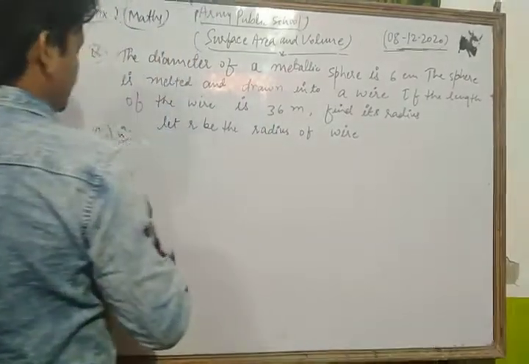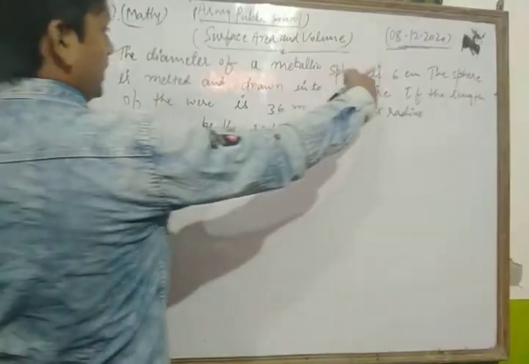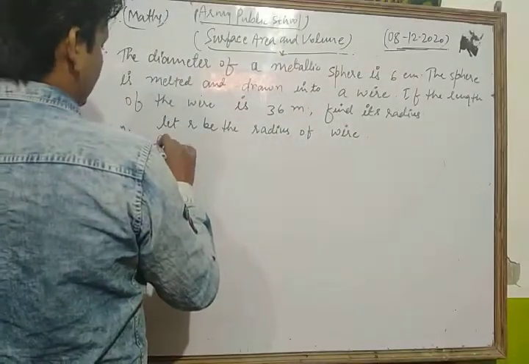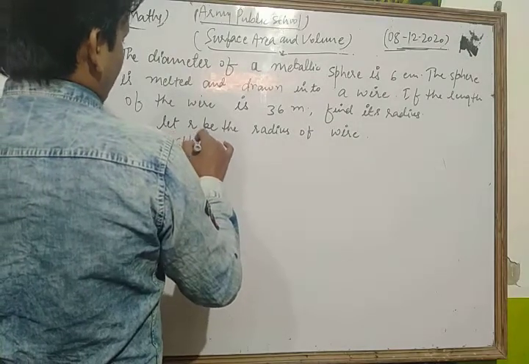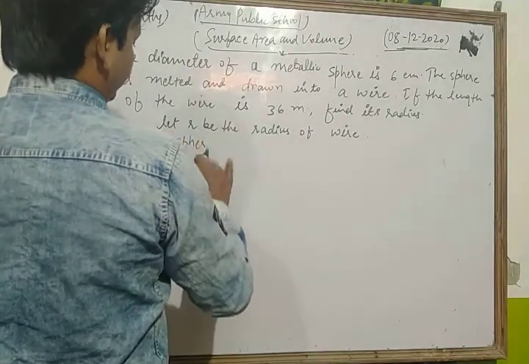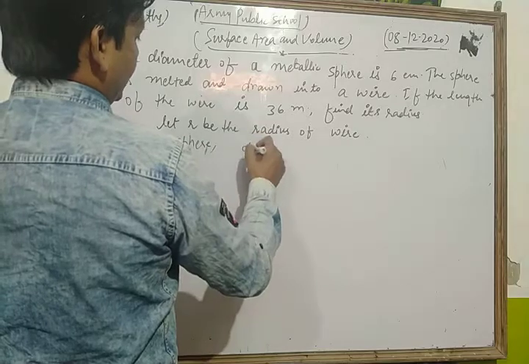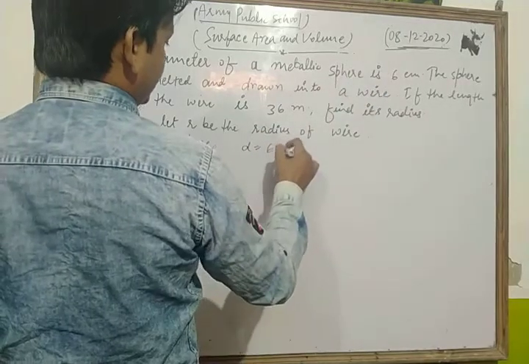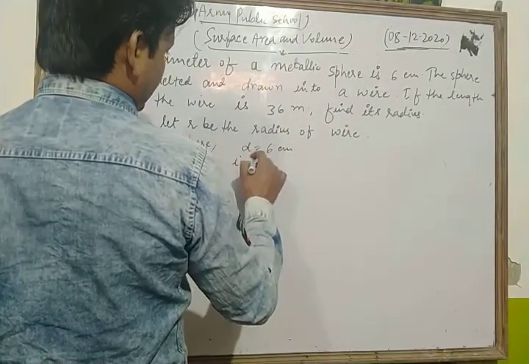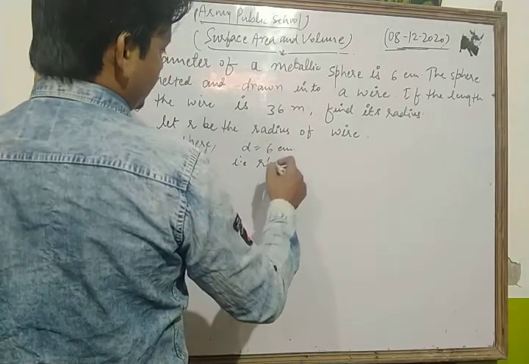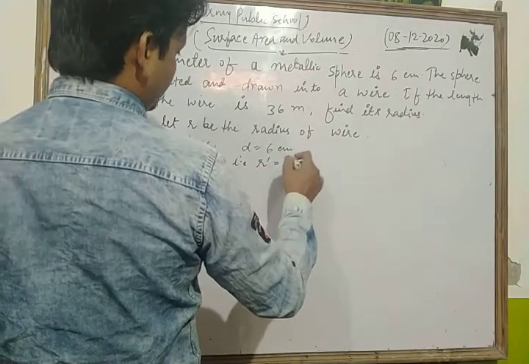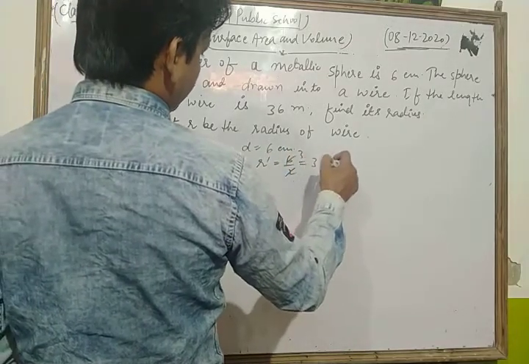Then according to the question, for the sphere, the diameter is given as 6 centimeter. Suppose its radius R dash is equal to 6 by 2, that is 3 centimeter.